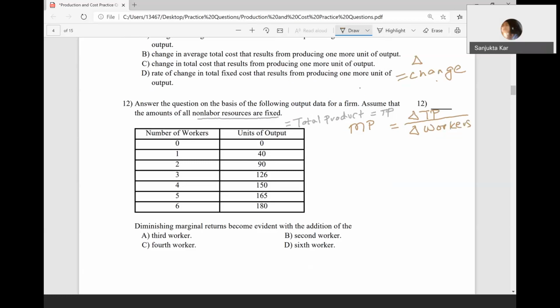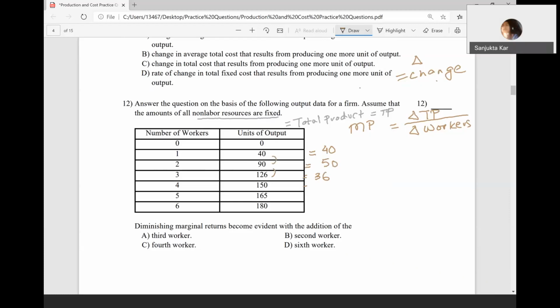Over here for the first worker, marginal product will be 40 minus 0 over 1 minus 0. Because the denominator is 1, I'm going to avoid writing the denominator. Next number is 90 minus 40, which is 50. After that, we have 126 minus 90. So this is going to be 36.